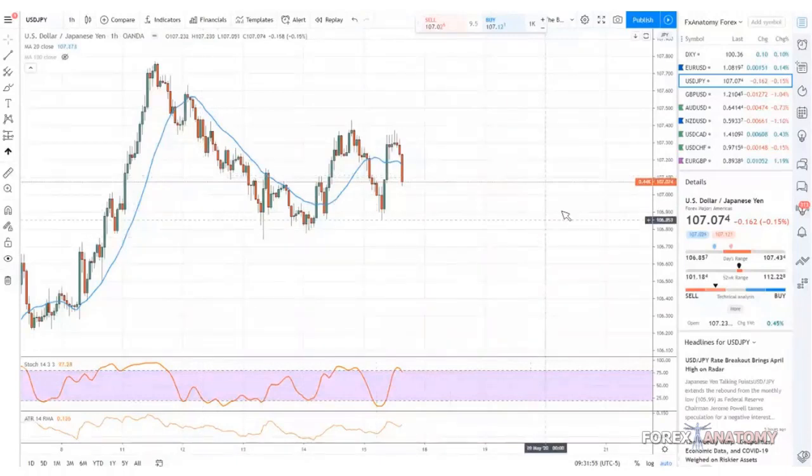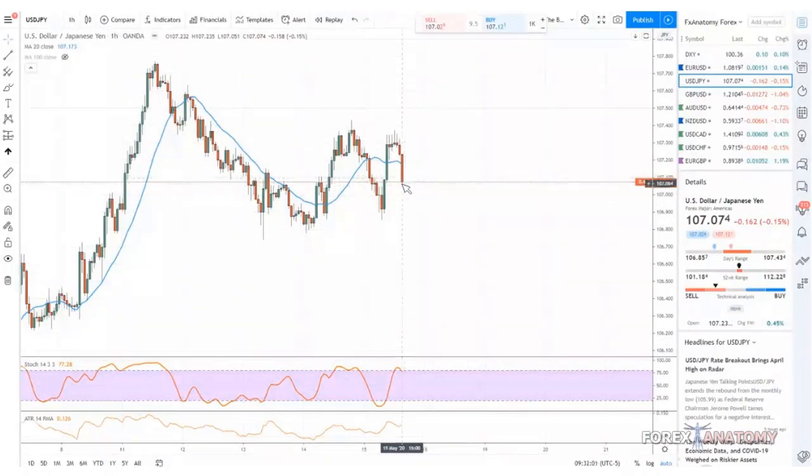So what does this mean? When we say where price is right now, you look to the right, where the candle closed. The current exchange rate between the US dollar and Japanese yen is 107.074.